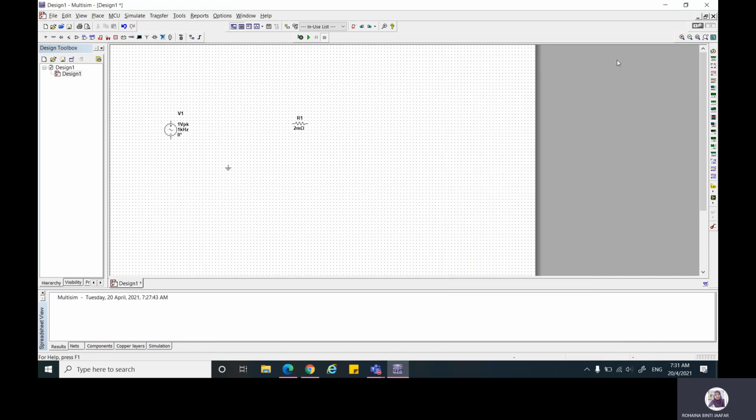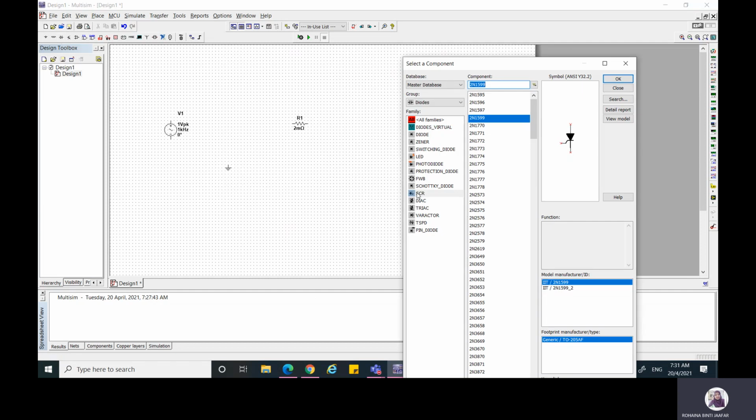And then for today we are going to use SCR. So go to family SCR and then find 2N1599. So this is your diode.